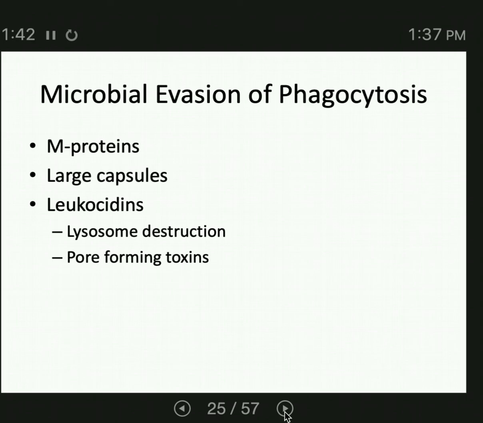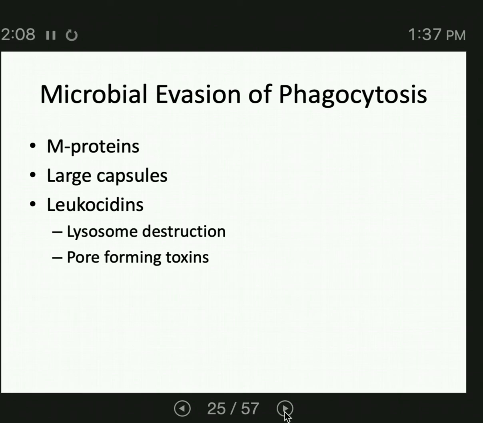So basically Staphylococcus aureus can be ingested, but it can't be digested, so phagocytosis doesn't complete. It's ingested into the phagosome, but then it excretes these enzymes that break the white blood cell's lysosomes, and then the lysosomes spill out their digestive contents into the white blood cell and kill it. So lysosome destruction is one kind of leukocidin.